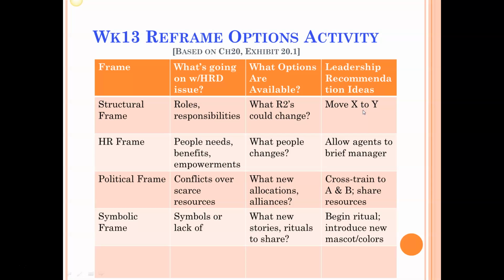Or perhaps it is going to be with your call center, and you're going to want to move certain people, in a systems approach, so this X group of people are in a different order now, because that will help the process run more smoothly in the structural frame.